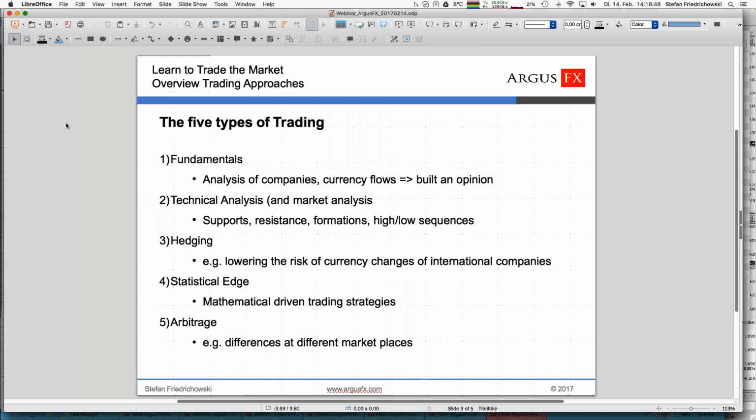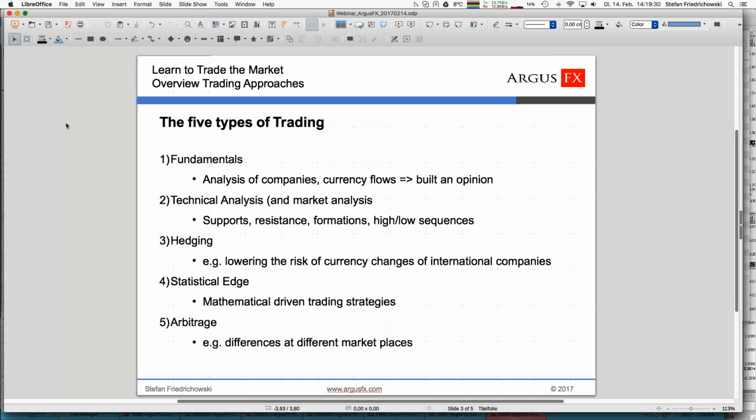Same story, the new president in the United States. You might have a new or different opinion about the US dollar. Maybe the US dollar gets stronger, maybe weaker. So whatever is your final conclusion, that is an opinion on the market. And you can do all these analyses quite sophisticated or simply by input of newspapers, whatever, web pages.